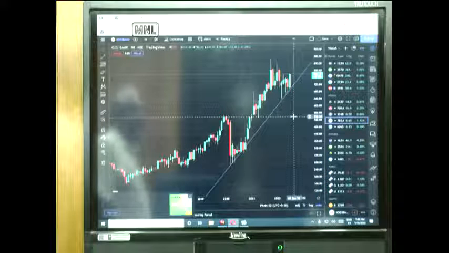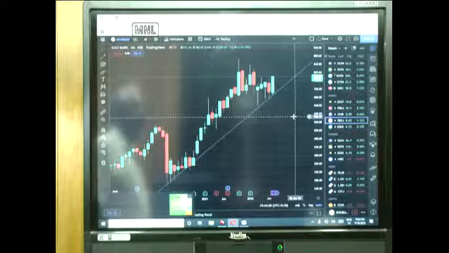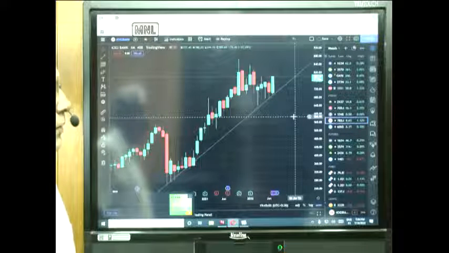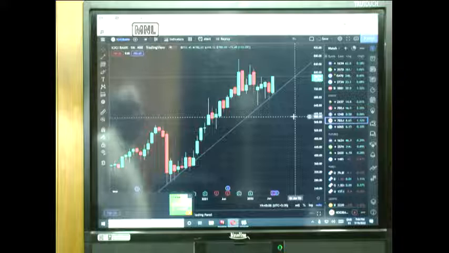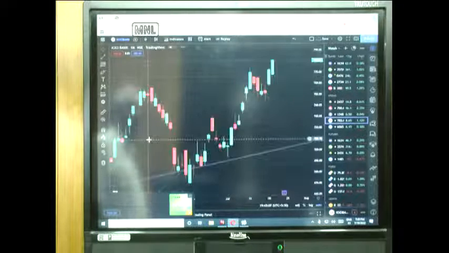This trend line seems to be the present trend line, which is holding. And we can use this for a daily chart. Let's see how it looks in a daily chart.